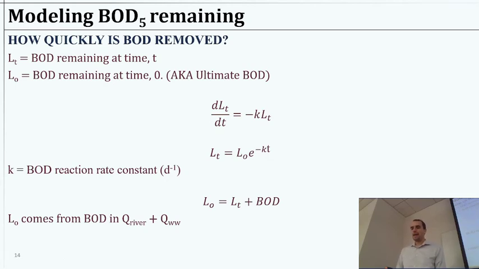So if we say L is the BOD remaining, then L_t is the BOD remaining at some time. So if you took a sample and let the biodegradation process happen for 5 days, then your BOD remaining at time 5 is whatever your ultimate total amount of BOD that could ever be demanded if you left that bottle there for years and years, that value minus the BOD 5 value.